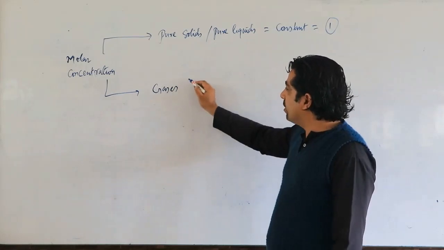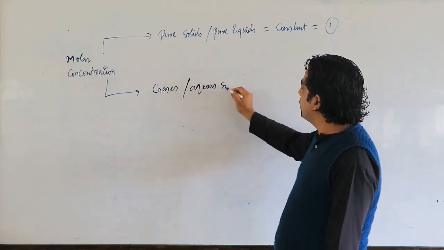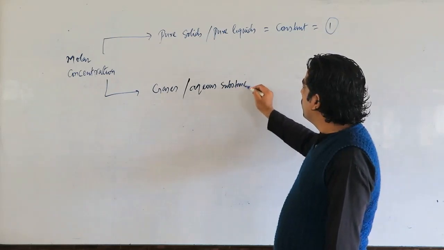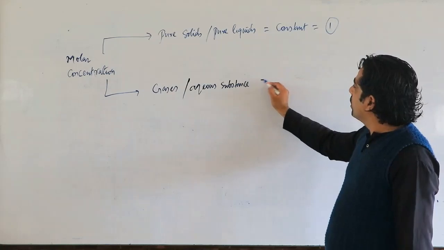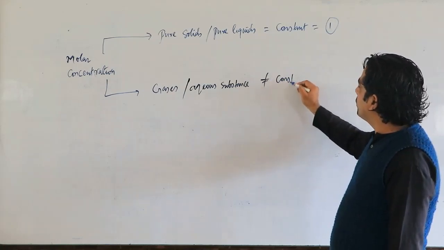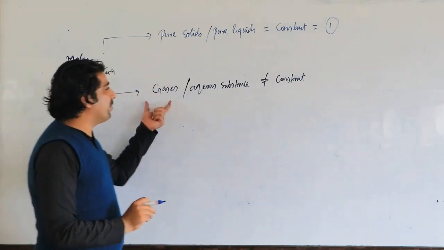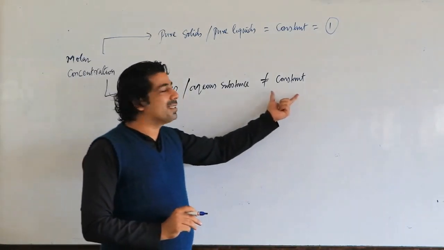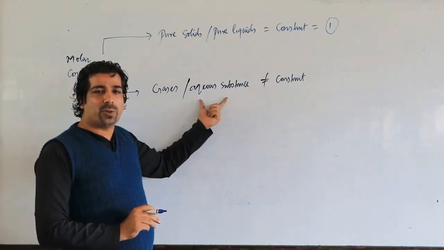Apart from gases also, any aqueous substance, any substance in aqueous form, is not constant. So molar concentration for gases and for aqueous substances is not constant. Okay, because here in an aqueous solution also what happens?